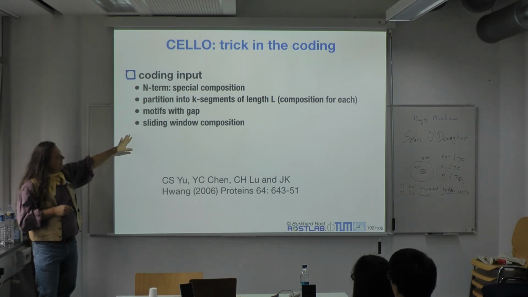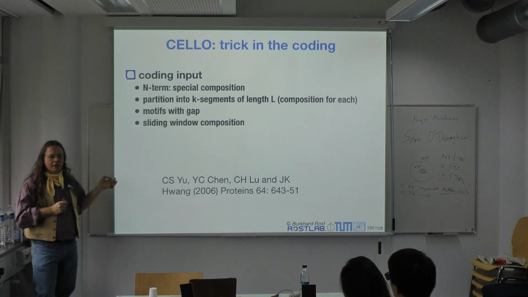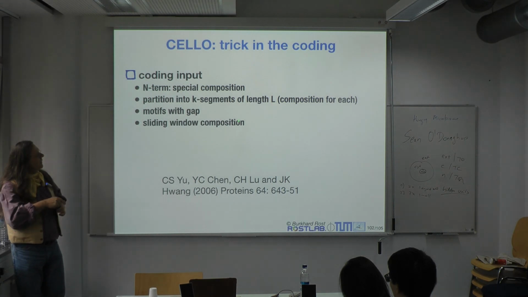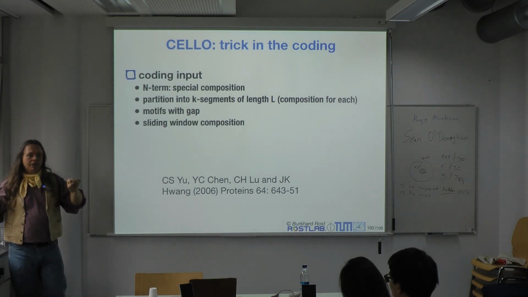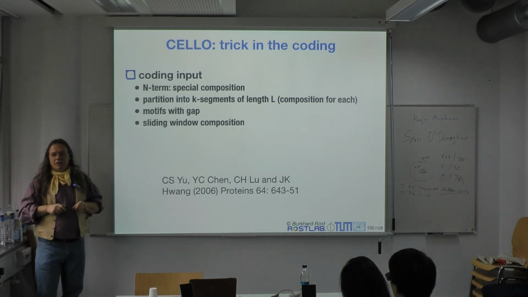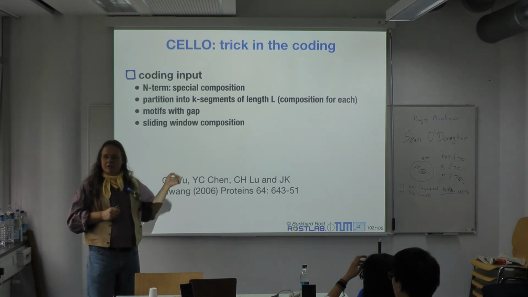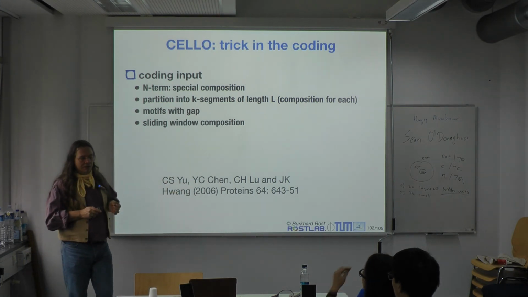In Cello it's the same thing, but the trick is that the motifs can have gaps, and the motifs in the particular way they code for the input here. They have a sliding window that they run through the protein, but the residue, the amino acid, is not simply an amino acid, so they group the amino acids in a way that allows them to do this in a very efficient way.